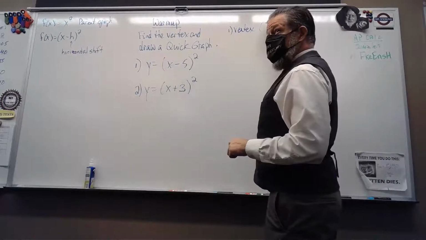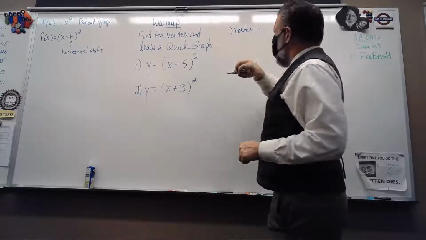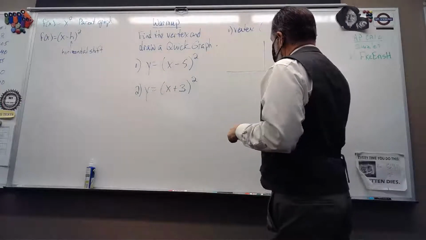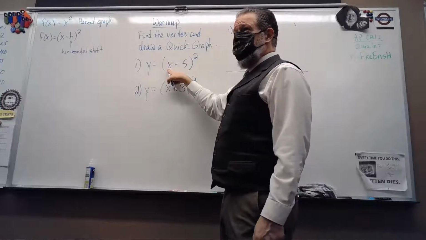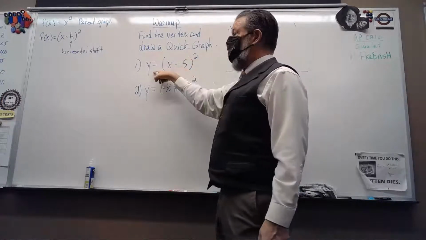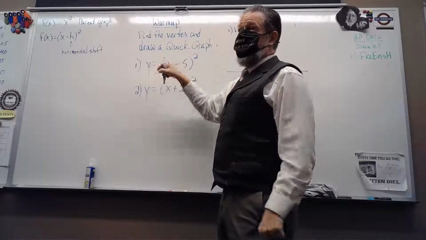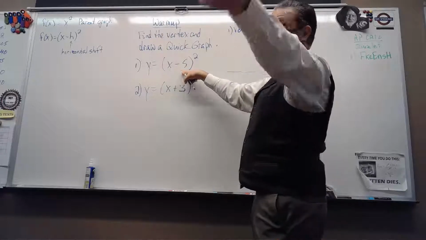Or 5, 0? Let's visualize real quickly. If I put in 0 here for x, I get 0 minus 5 squared, which is 25, right? So it can't be 0, 5. So what must it be instead? 5, 0. Boom, 5 minus 5 is 0, and 0 squared is 0.